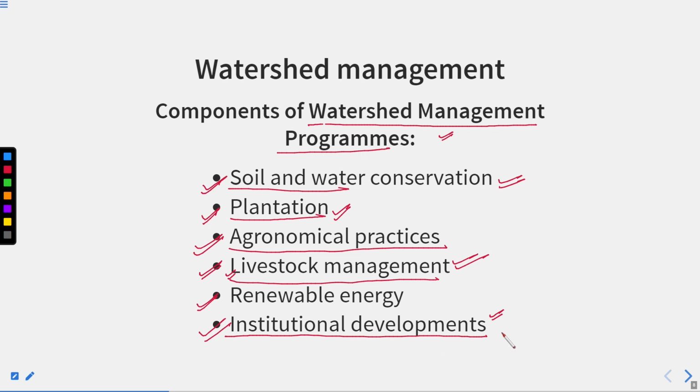So all these things we should check, and these are checked by some institution, so that this watershed management program should not get waved off. So all these programs are clubbed with the watershed management programs.